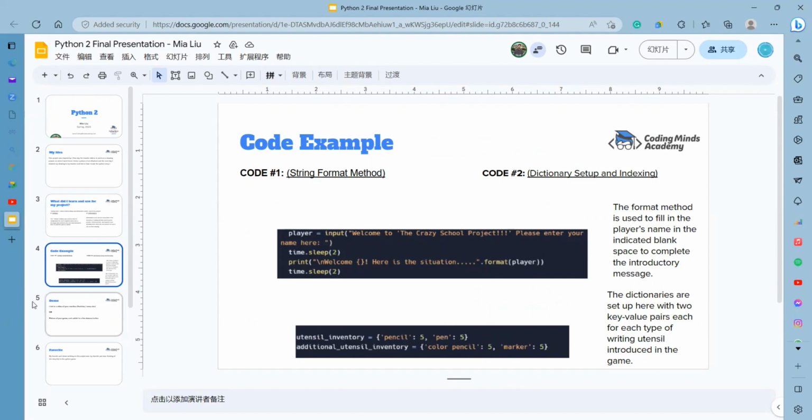Format method is used to fill in the player's name and indicate blank spaces to complete the introductory message. The dictionaries are set up here with two key value pairs, each for each type of writing utensil introduced in the game.